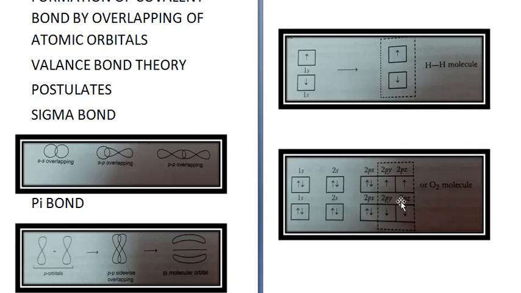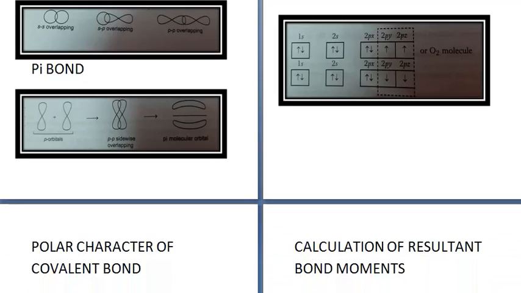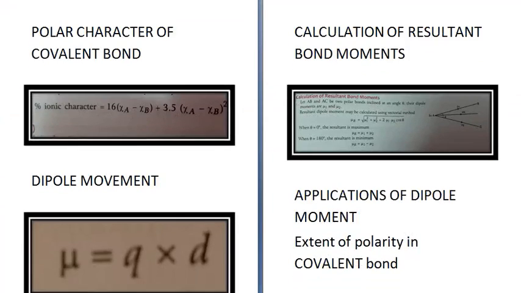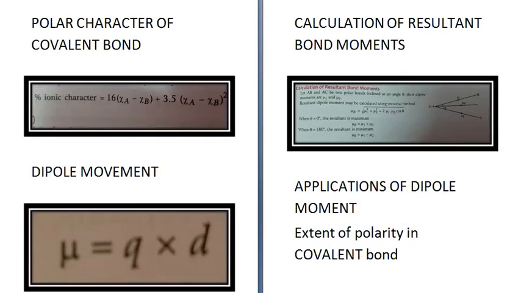Now next is the polar character of covalent bond. A non-polar covalent bond is formed between two similar atoms having the same electronegativity, or zero electronegativity difference, for example H2, O2, F2, Cl2, etc. They are called non-polar molecules.